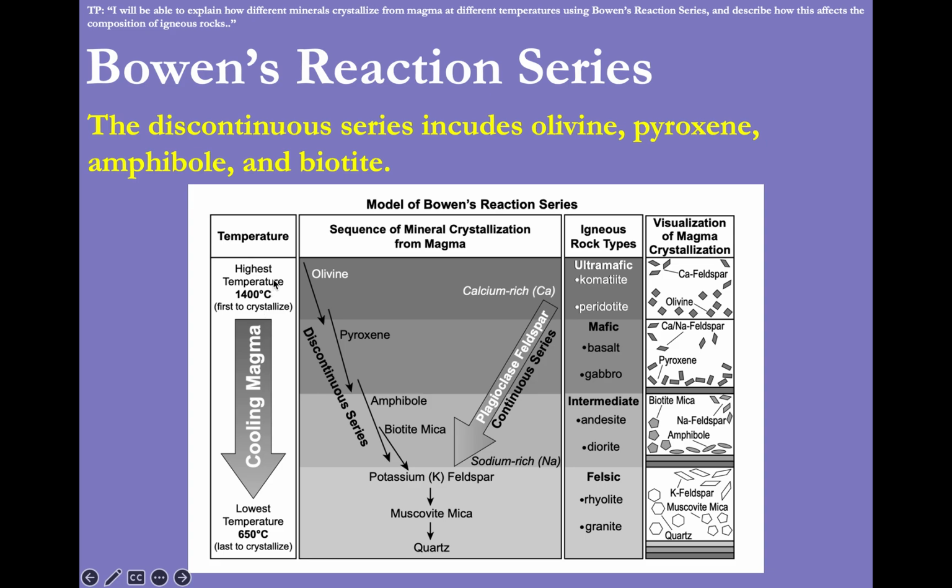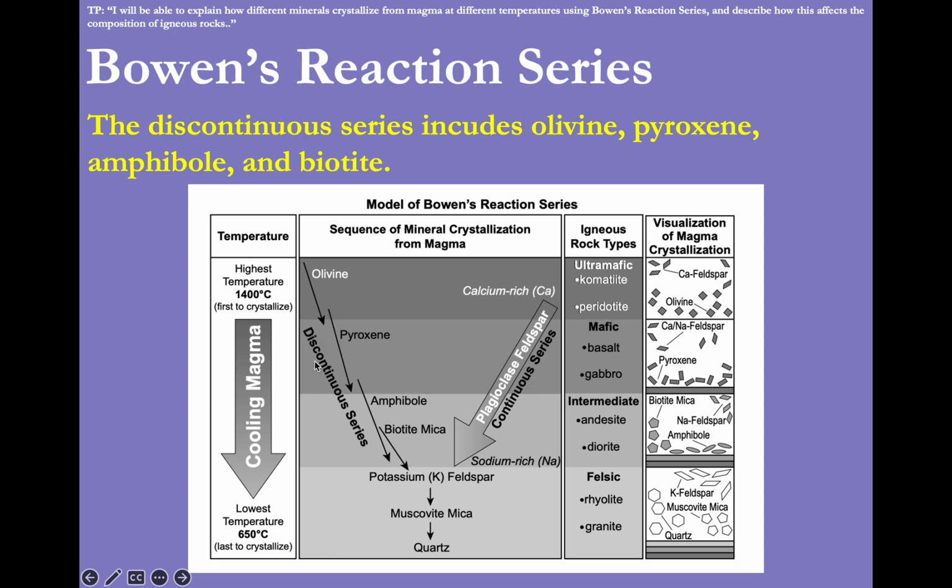So we have a very hot substance of magma, and if there is olivine in that mixture of a liquid, it will begin to crystallize at those very high temperatures. And then after olivine crystallizes, you have pyroxene, then amphibole, and then biotite mica. That's going to be your discontinuous series going down.